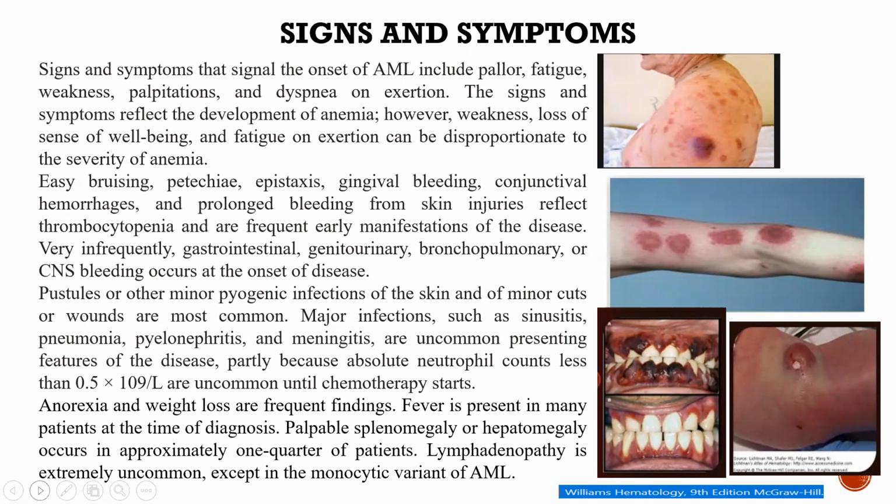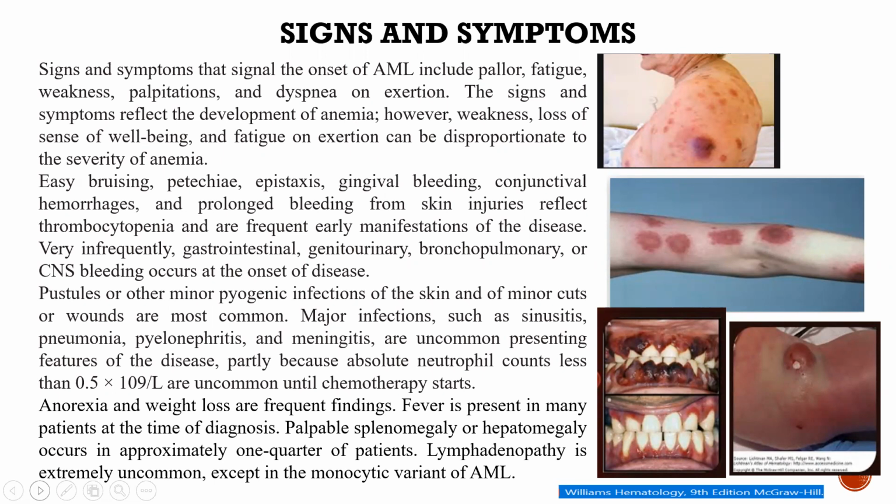Pustules or other minor pyogenic infections of the skin and of minor cuts or wounds are most common. Major infections such as sinusitis, pneumonia, pyelonephritis, and meningitis are uncommon presenting features of the disease, partly because absolute neutrophil counts less than 0.5 per liter are common only until the chemotherapy starts.